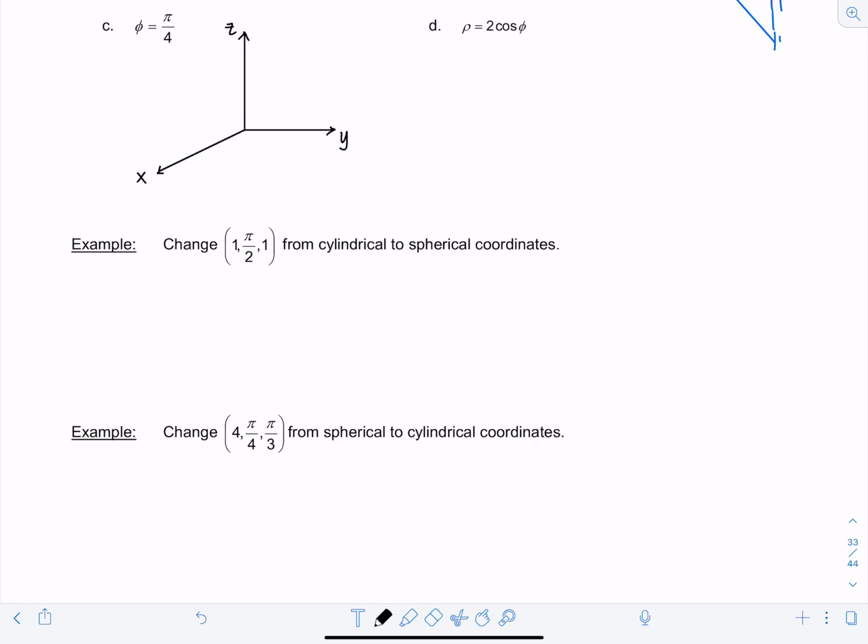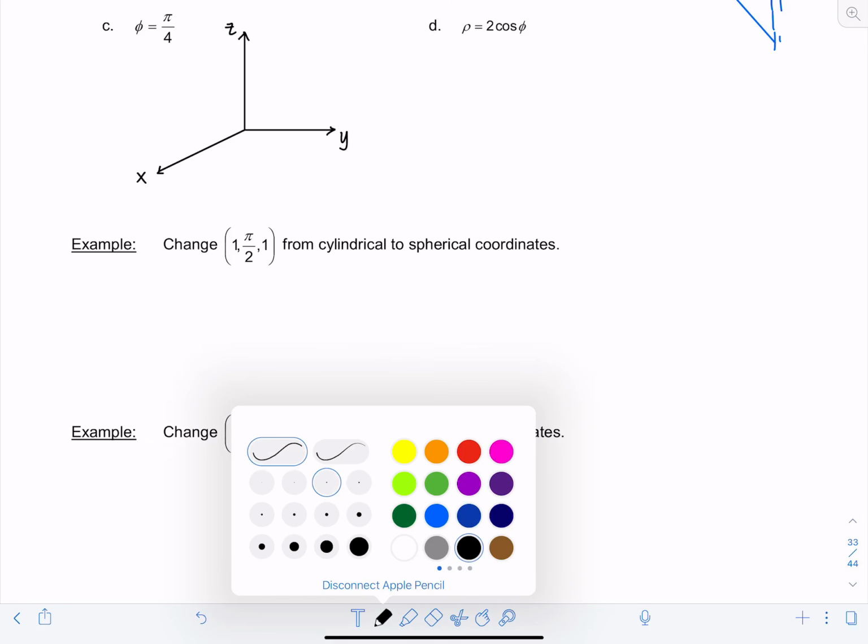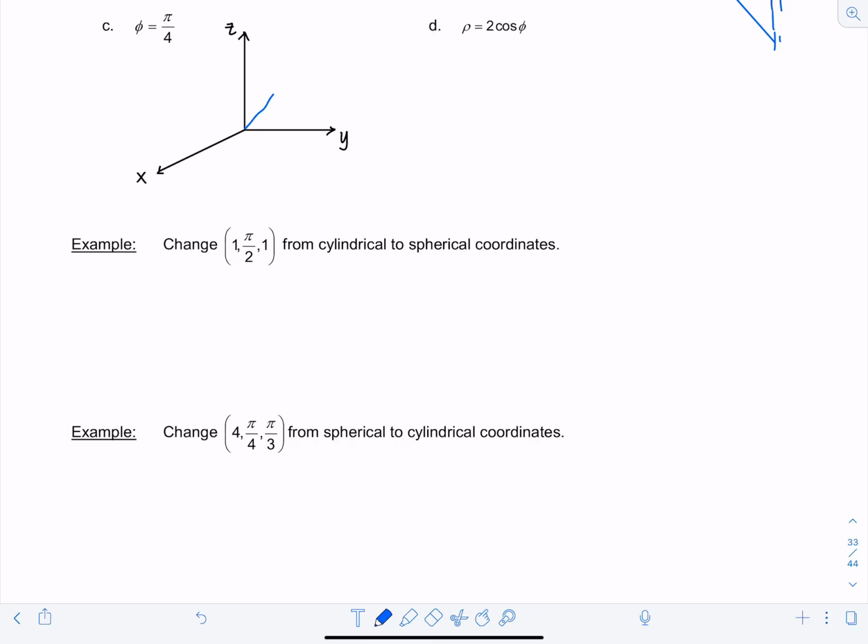But there's no restriction on rho, and there's no restriction on theta, so it can spin round and around. So pretend this is an angle right here. This is pi over 4. And we can spin round and around, right? Theta can be anything, and it can extend up as much as you want. So this is a half cone.